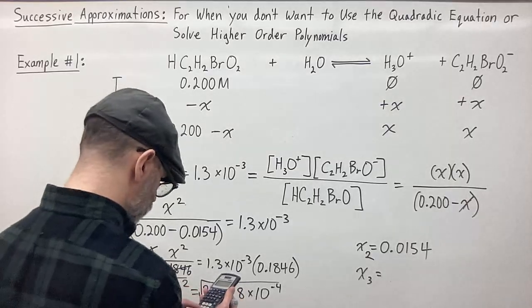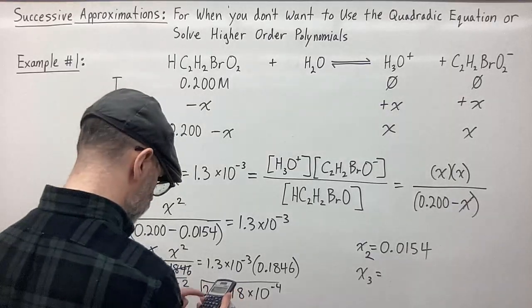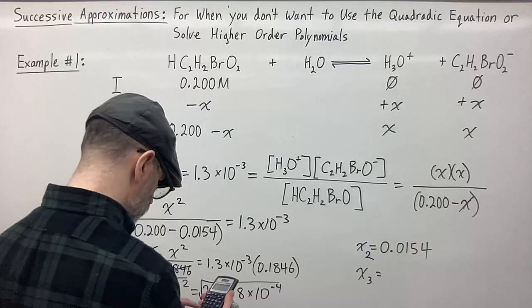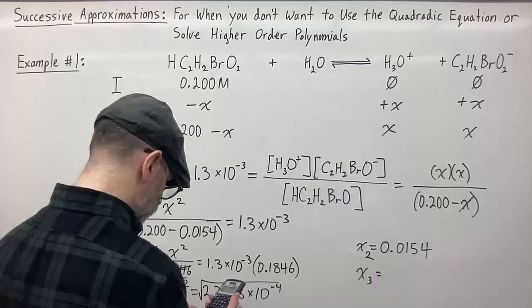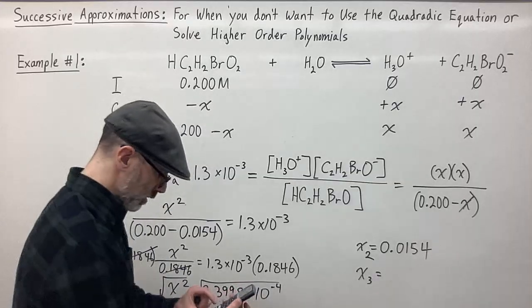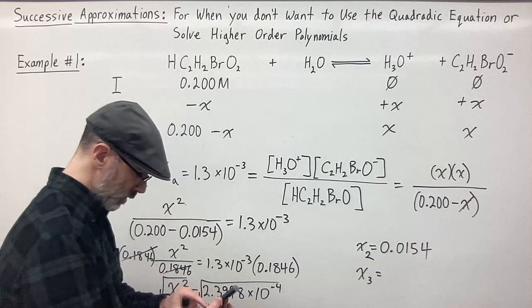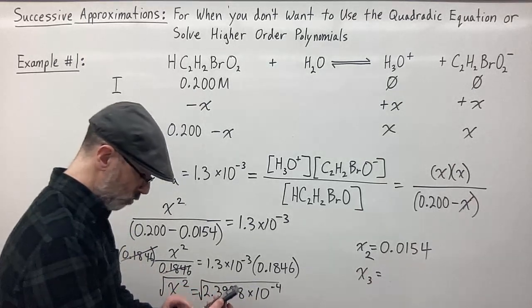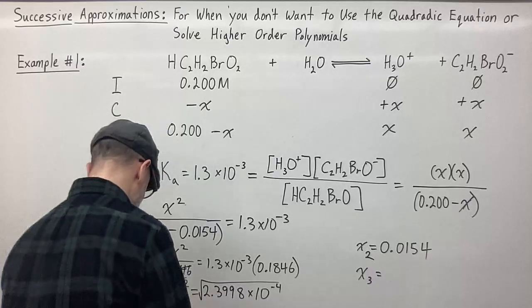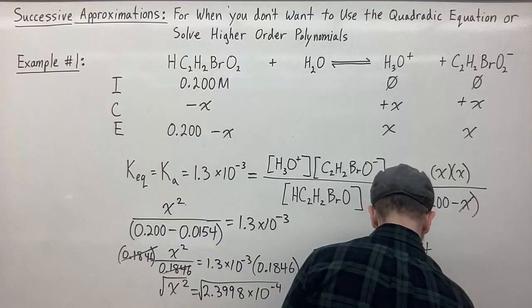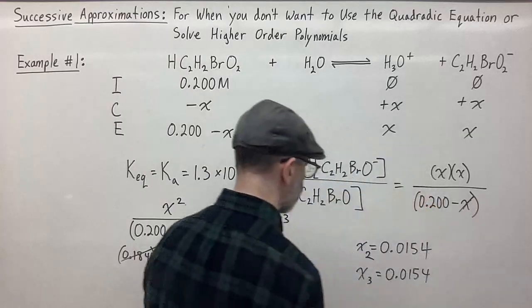So I'm going to take the square root of 2.3998 times 10 to the negative 4 equals, and I get, again, 0.0154.